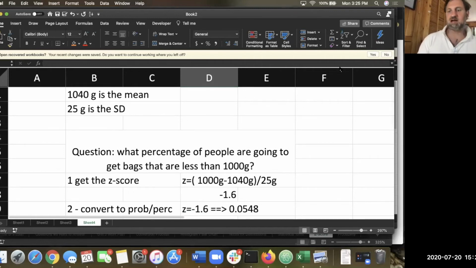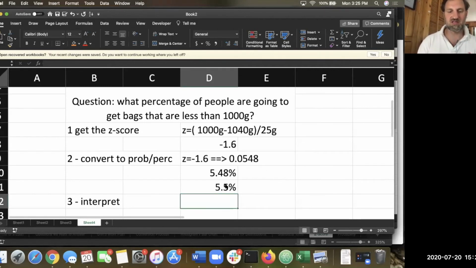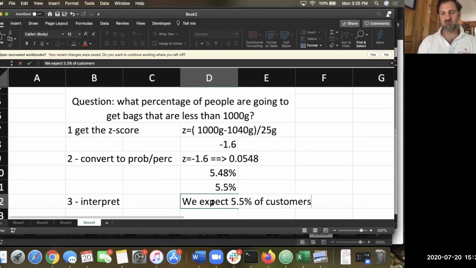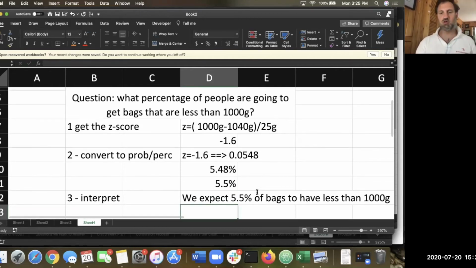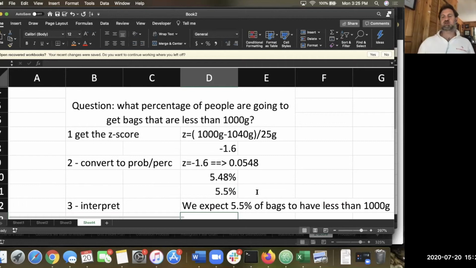If we go back to the picture and think about whether that's a minority part or a majority part, it should be clear that it's a minority part, and therefore this is the right answer. We expect 5.5% of customers or bags to have less than 1,000 grams. So we're making a sentence like that out of the z-score.